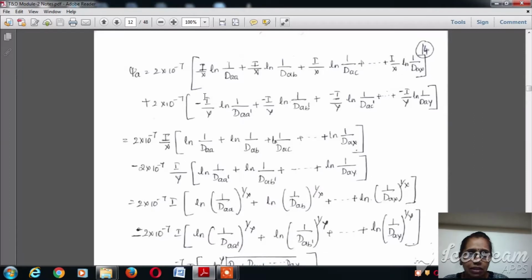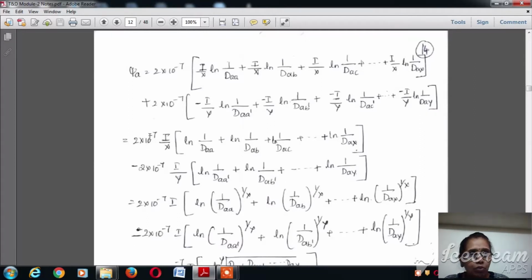plus 2 into 10 to the power of minus 7 into minus I divided by Y into ln 1 over dAA dash plus minus I divided by Y into ln 1 over dAB dash plus minus I divided by Y into ln 1 over dAC dash plus minus I divided by Y into ln 1 over dAY.